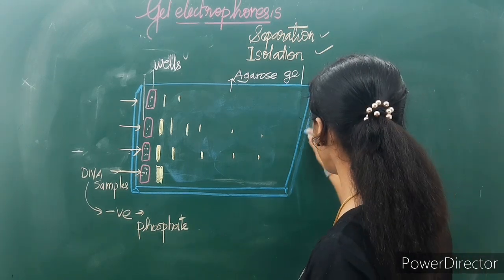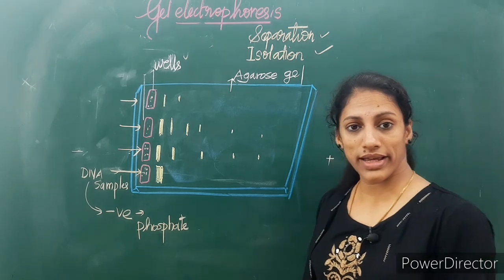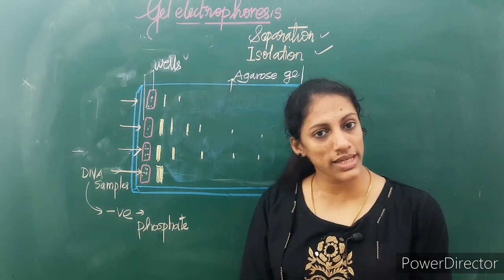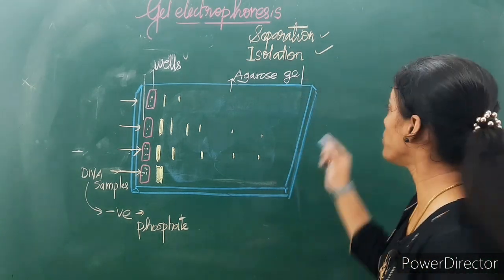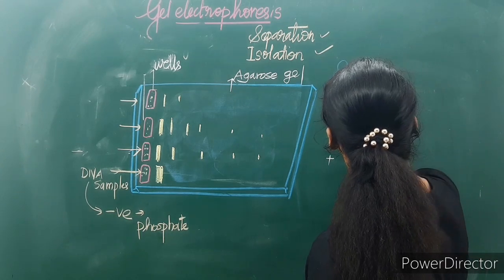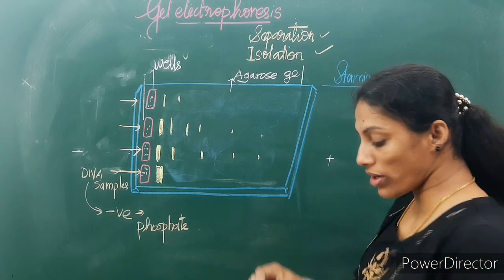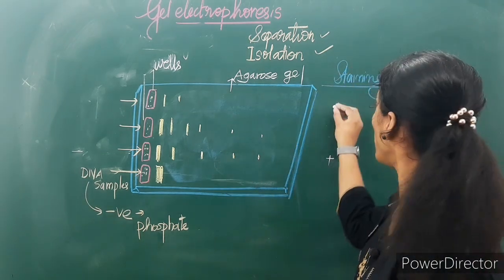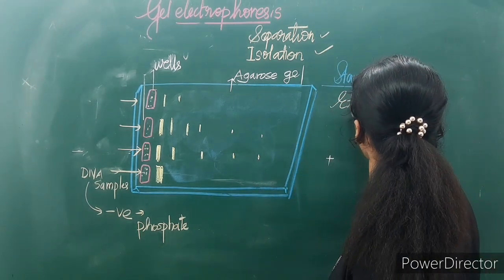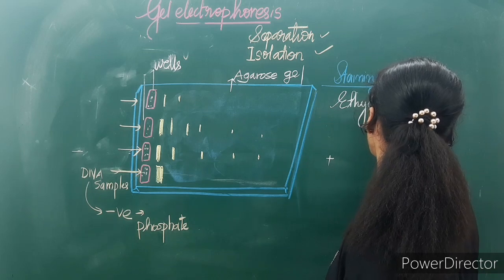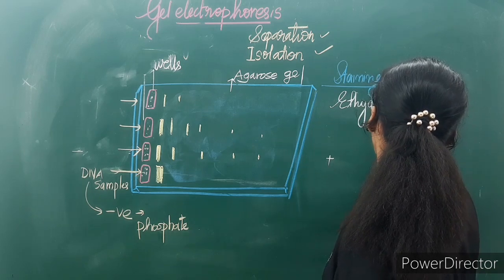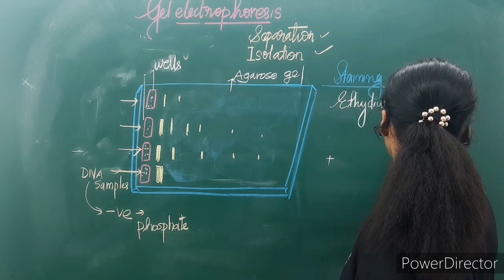Then what is next? We cannot see the DNA in any color, so we should do a staining process to visualize it. In order to observe the DNA, we have to follow the staining process. Here we are using ethidium bromide as the stain.